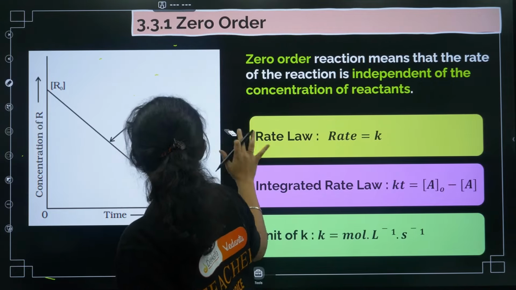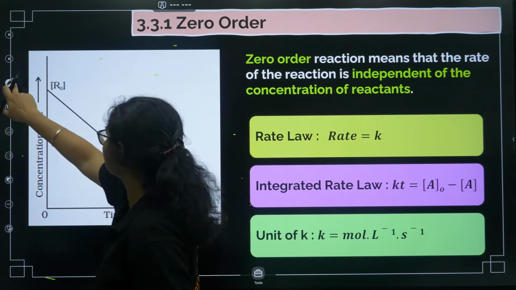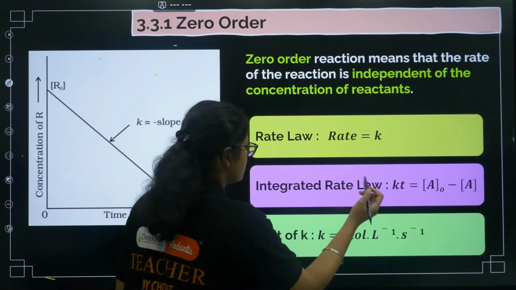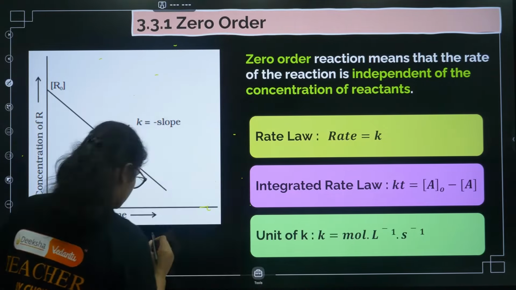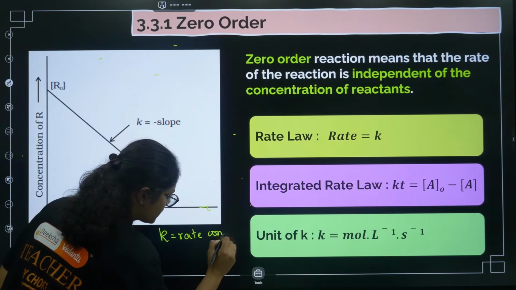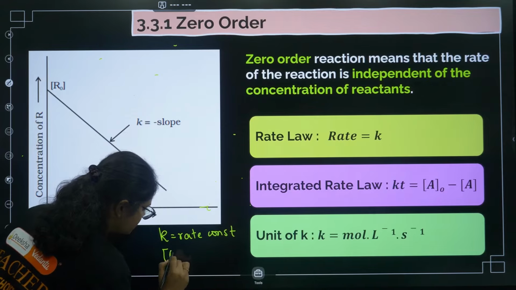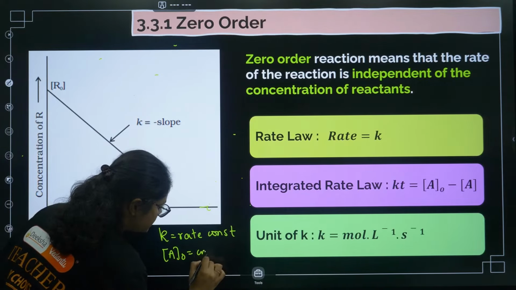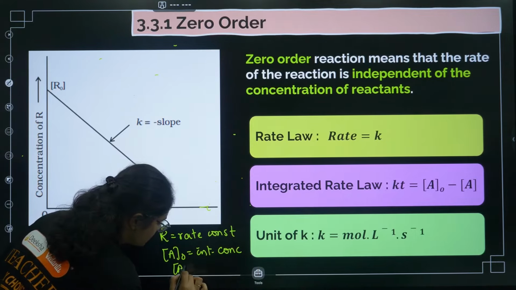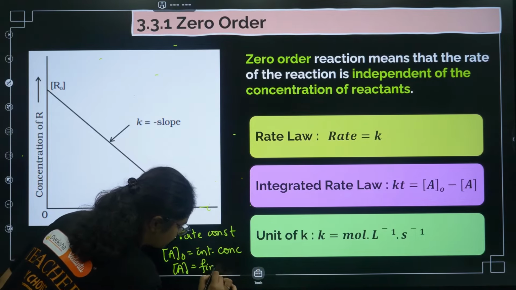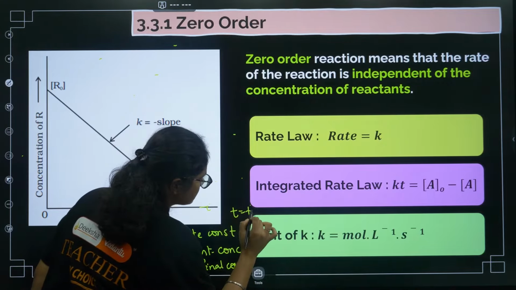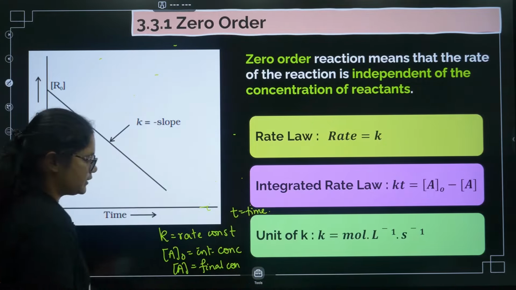I'll write the terms here again so that when you download the notes you can see what these terms are. K is the rate constant, A naught is the initial concentration, A is the final concentration, and T is time. These are the terms.